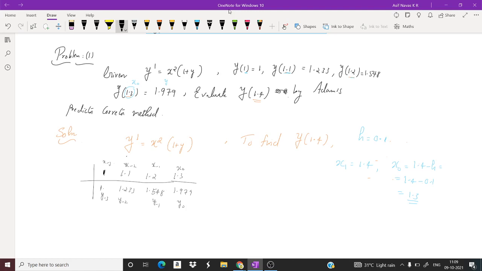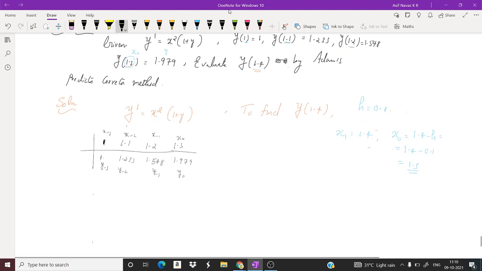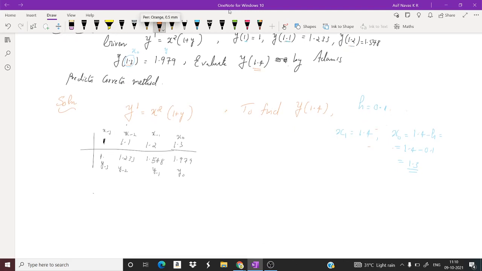So now first we will find the values of f minus 3. From the table, x minus 3 is 1 and y minus 3 is 1.